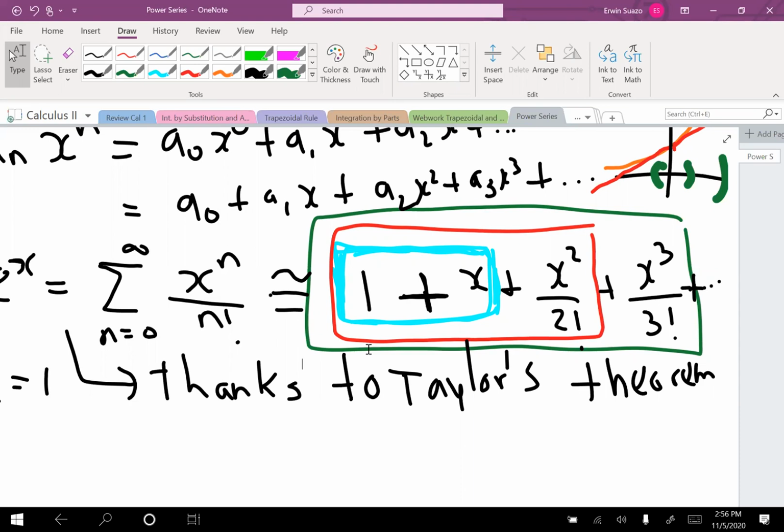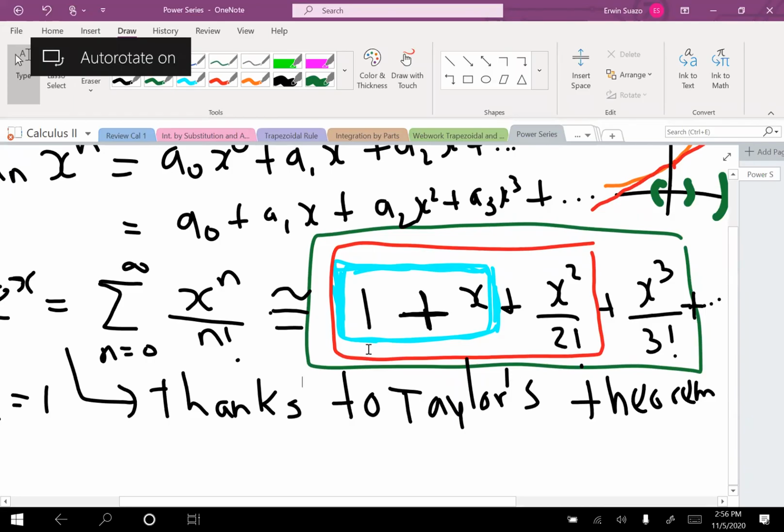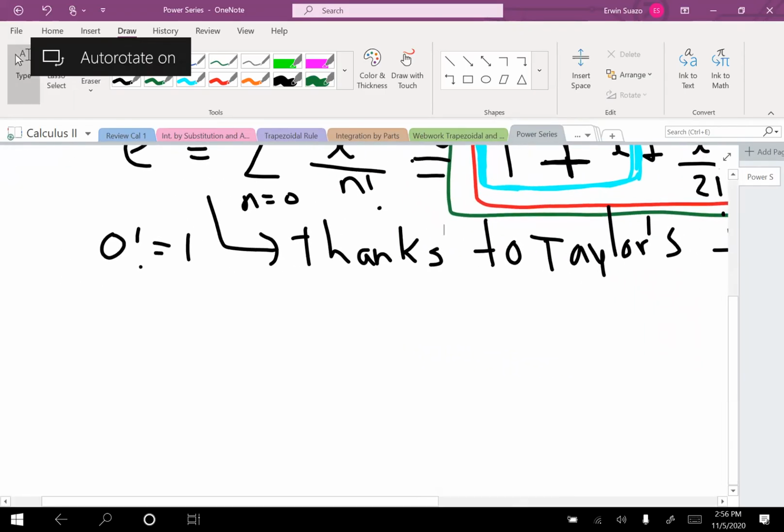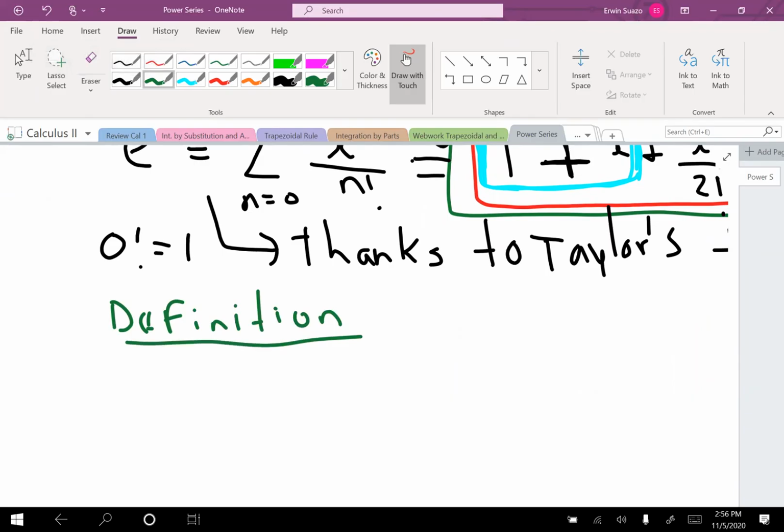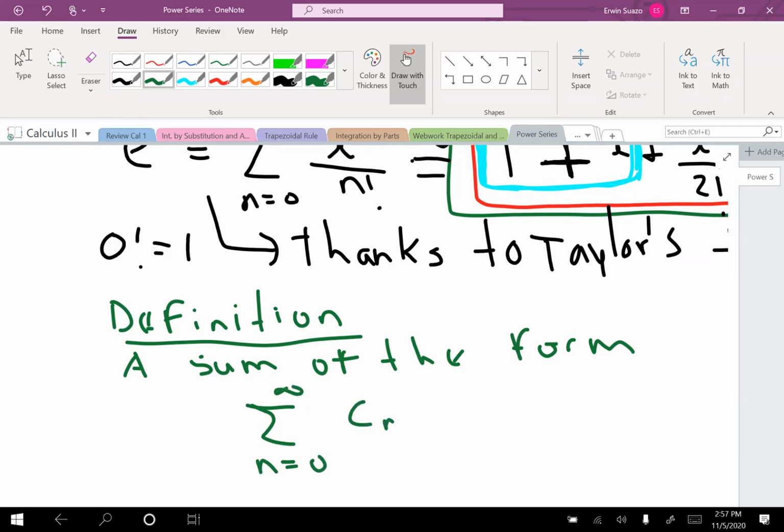I'm gonna set the definition. A sum of the form sum n equals 0 to infinity, let me use c sub n times x minus a to the n.